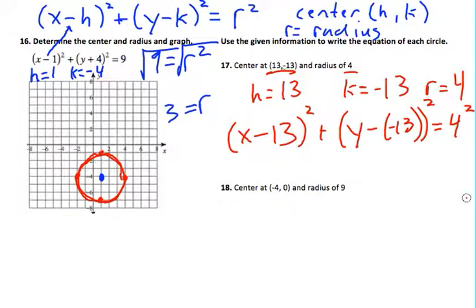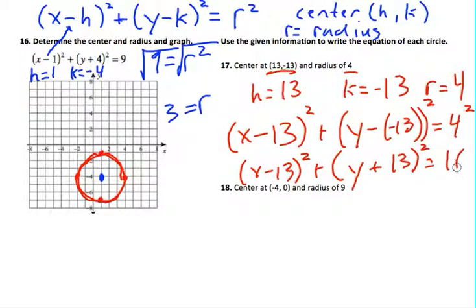On the next line, we're going to write our final answer where we just simplify some of these expressions. The first term is good to go, x minus 13 squared. That's all we have to do with that. The next term, we have minus a negative number. So to simplify that, we can rewrite that as addition. And then lastly, 4 squared is 16. So we can rewrite that as 16.